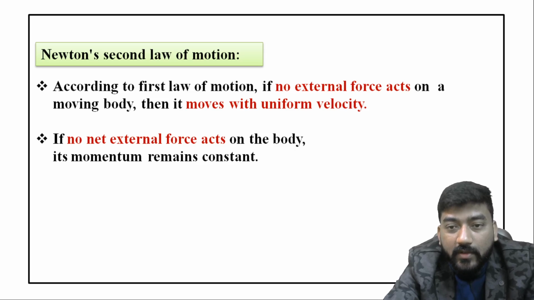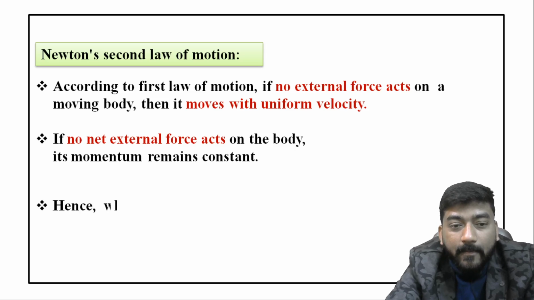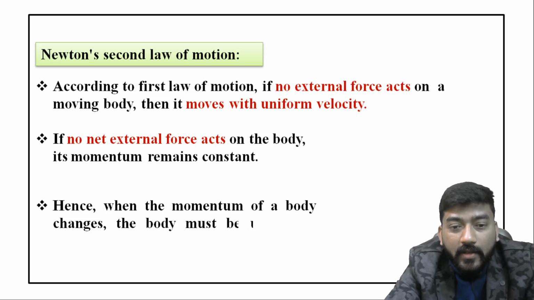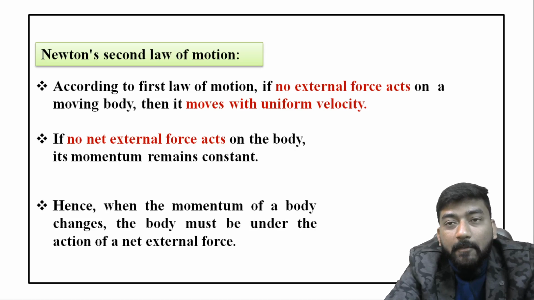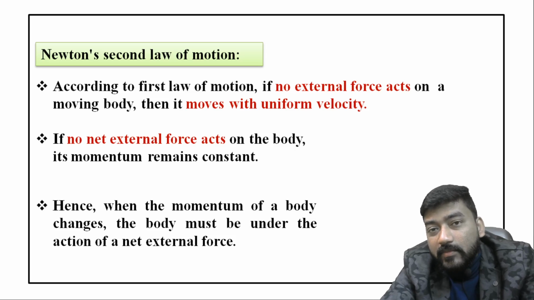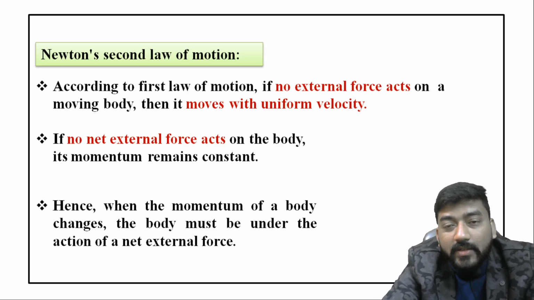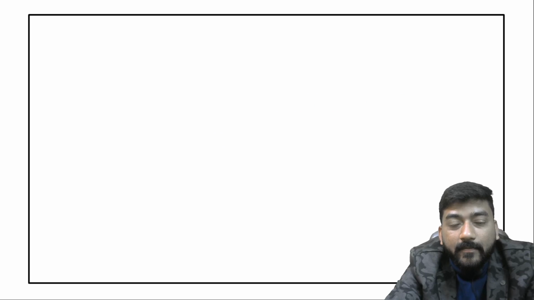Obviously, if there is no external force, its velocity is constant in both magnitude and direction, so its momentum remains constant. Hence, when the momentum of a body changes, the body must be under the action of a net external force. So if you see a change in momentum, you can assume that there is a net external force.